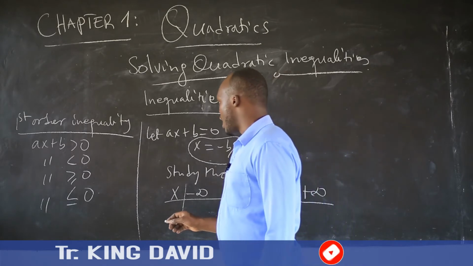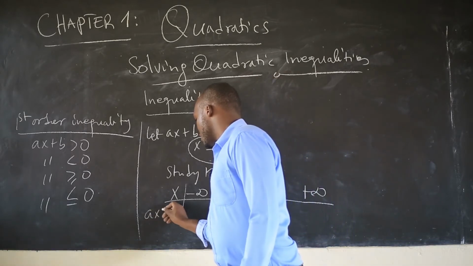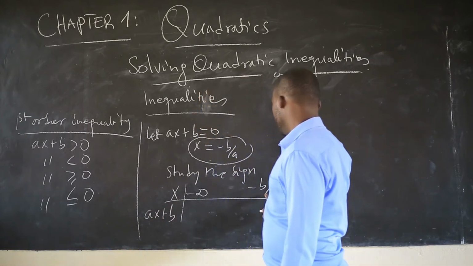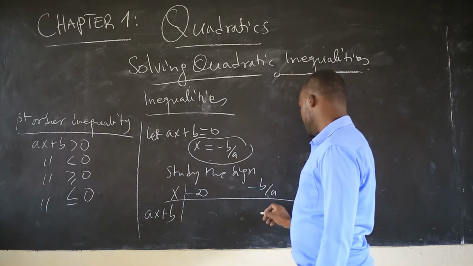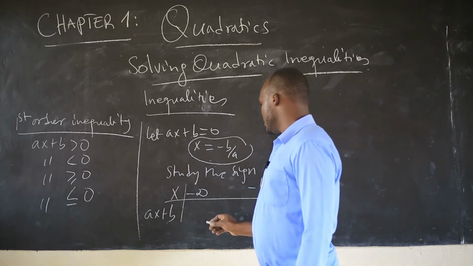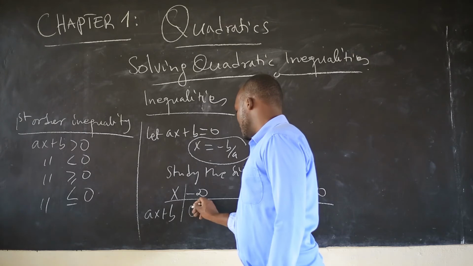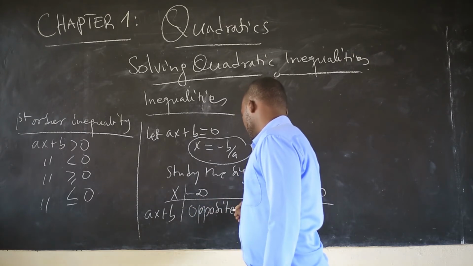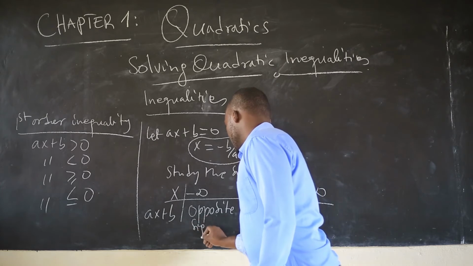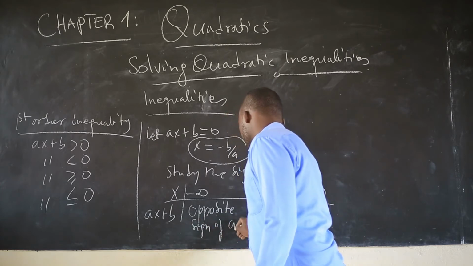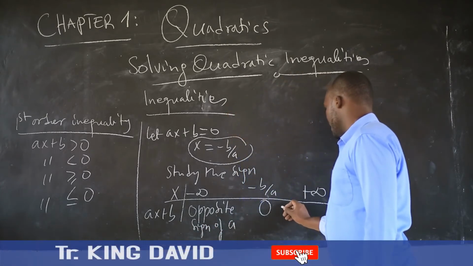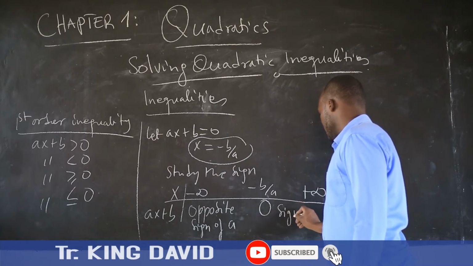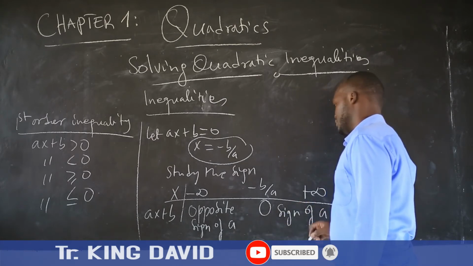We have our expression ax plus b. When you bring this value here, you will get 0. What we have here, we put the opposite sign of a. Then here we put the sign of a.